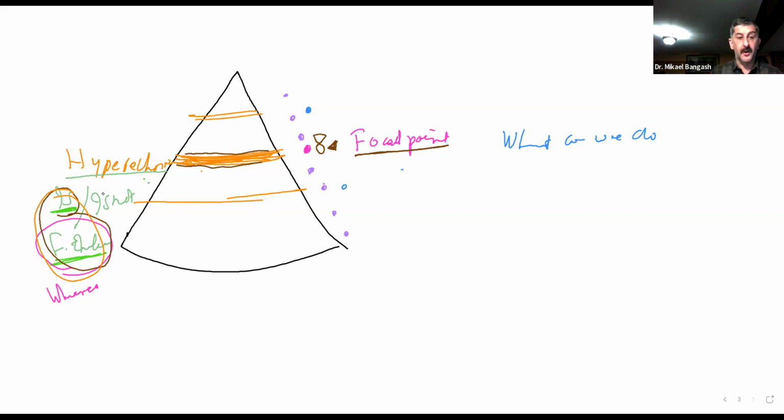But if you move your focal point to this depth, and this hyperechoic reflection still appears at this point, and instead of moving down you still have your enhancement up here, then it is not a focal enhancement. It is mainly just tissue here that produced a bright reflection.